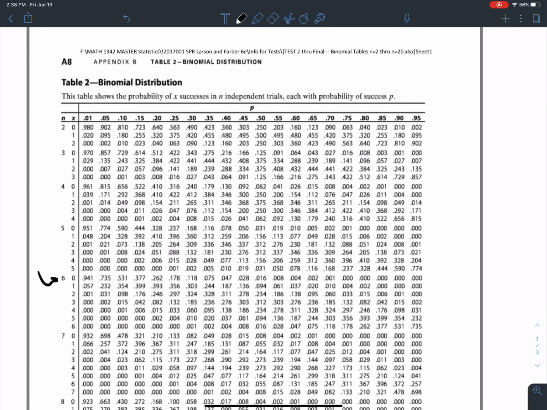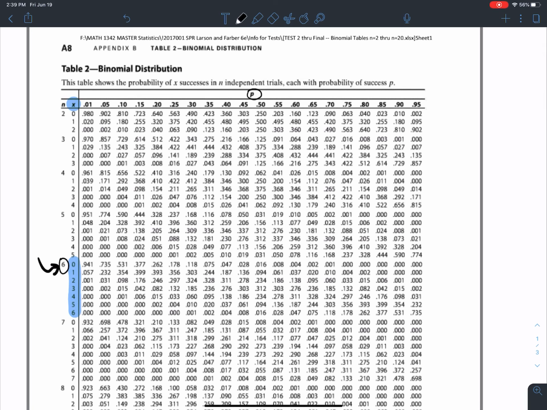My n is 6, okay? So the n tells me where to go, so I'm only concerned with these values right here. Those are my x values, the number of successes. Once I have that, I go to my probability. My probability of success is 70%. So this tells me the row to go down, or the column to go down.